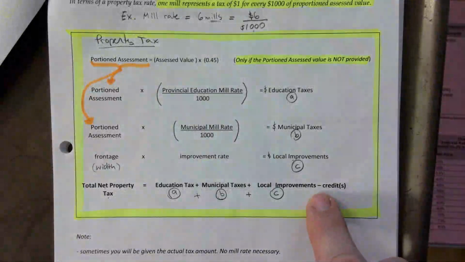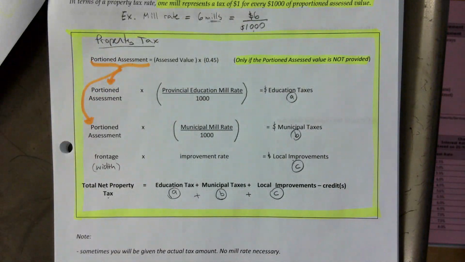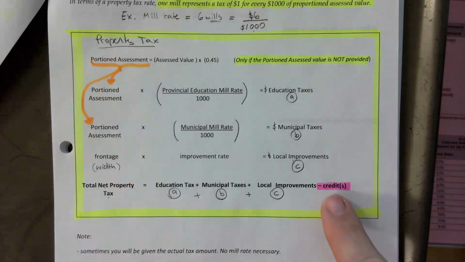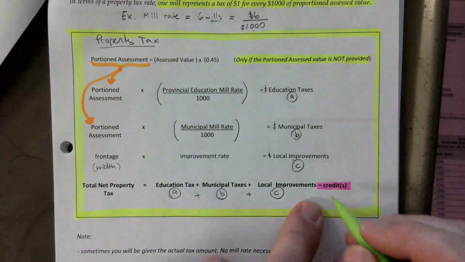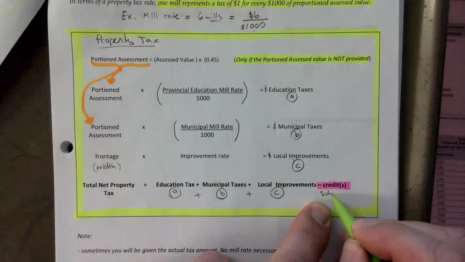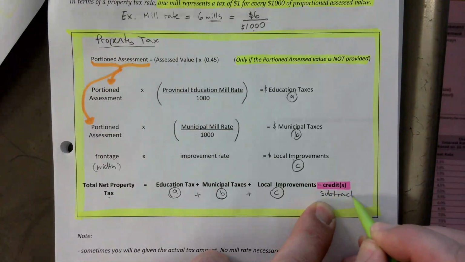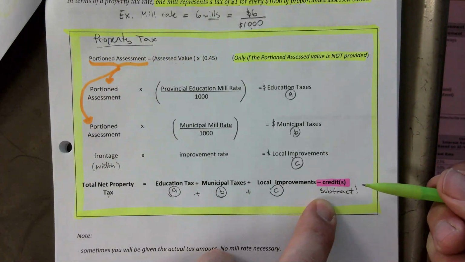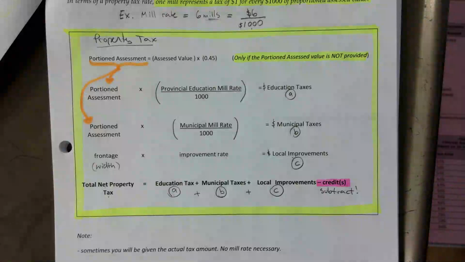What do we do with credits? Add or subtract? Subtract. Please don't forget that. Subtract credits. I will actually write that down. Because a lot of students on the exam or on the test, they just add everything up. Add, even the credits.